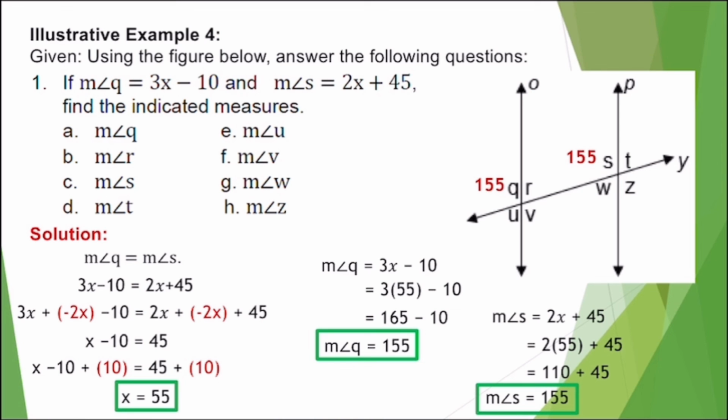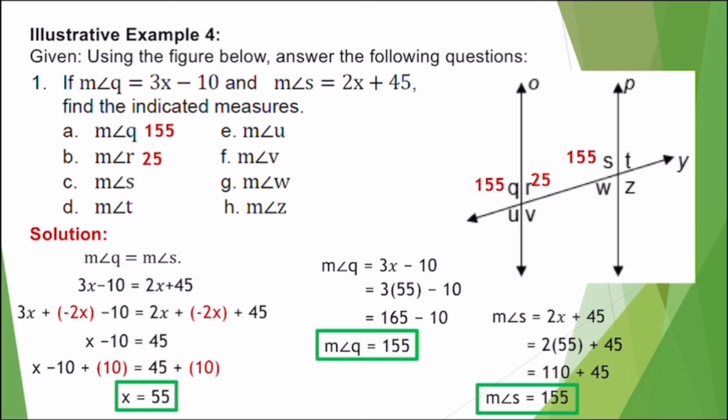So now, let's find the indicated measures. We already found the degree measure of angle Q, which is 155. Now, let's proceed to the degree measure of angle R. Since angle R is supplementary with angle Q, the degree measure of angle R is 25.